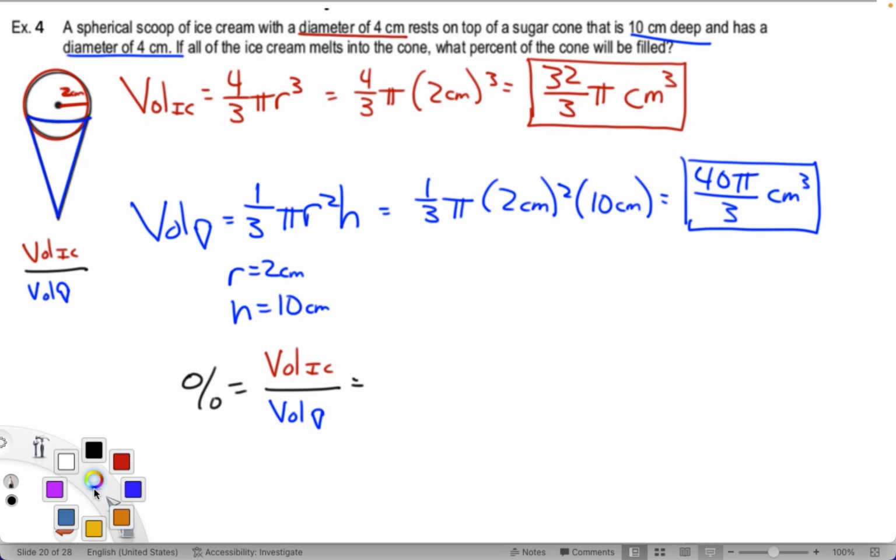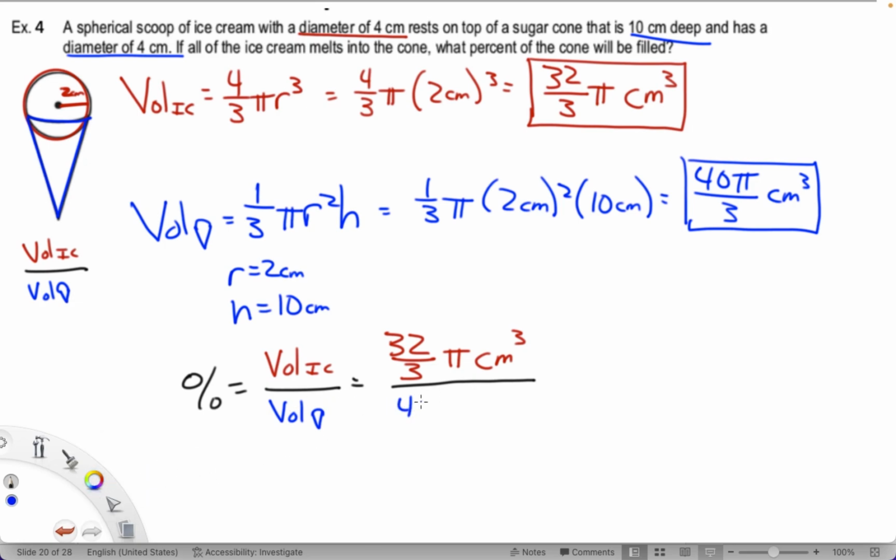So that's going to equal 32/3 pi centimeters cubed over 40/3 pi centimeters cubed.